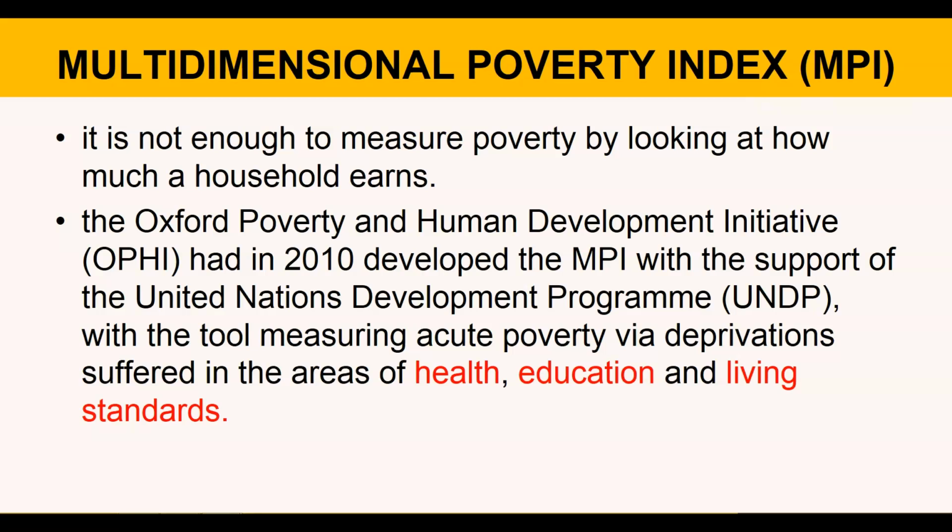So the Oxford Poverty and Human Development Initiative in 2010 developed the MPI, the Multi-Dimensional Poverty Index, with the support of the UN. They look at poverty not just in terms of what the household earns, but in terms of the deprivation suffered in the areas of health, education, and living standards.